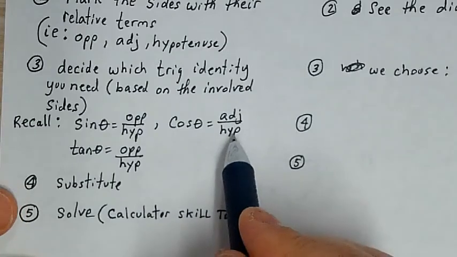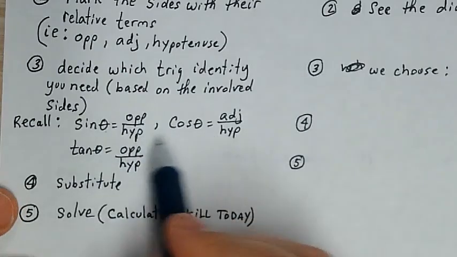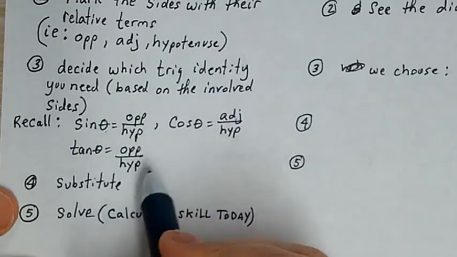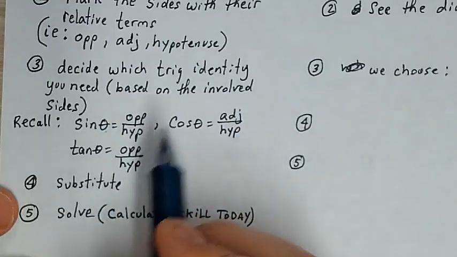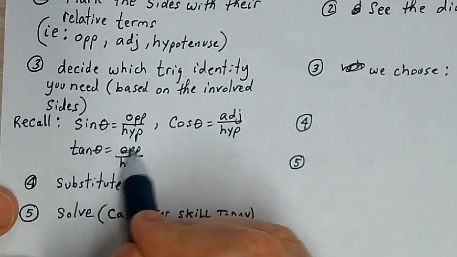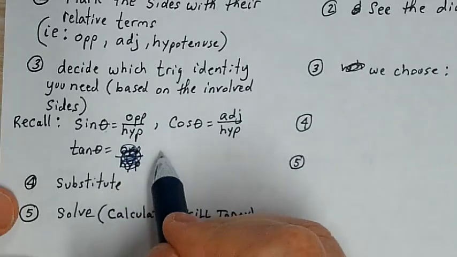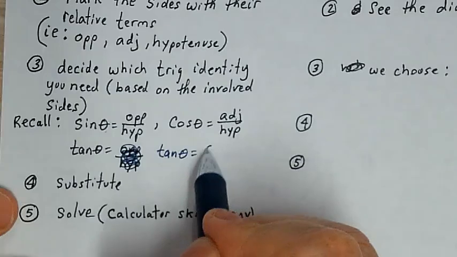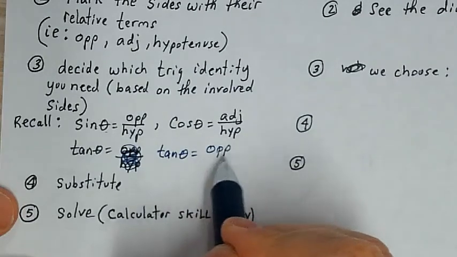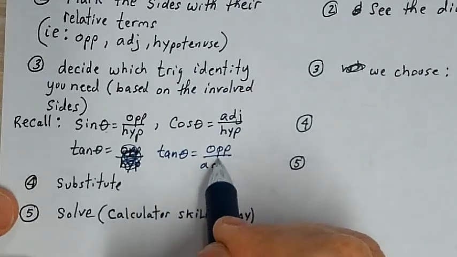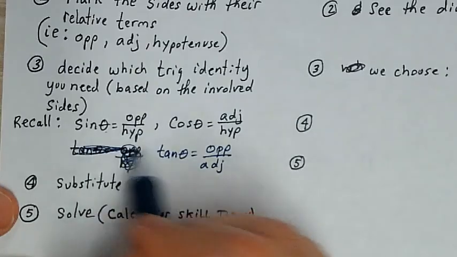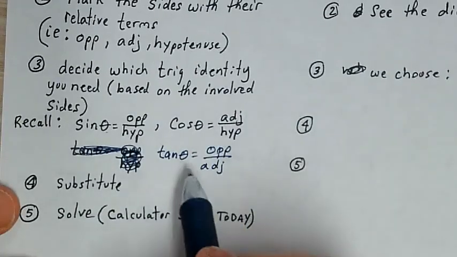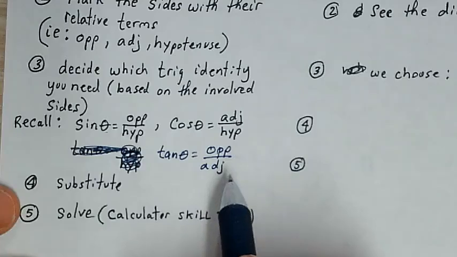Still not a good choice because these two involve the hypotenuse. Now the tangent is the opposite over the, I think there's a mistake there, cross that out. Just put tangent of theta equals the opposite over the what class? Thank you. So the tangent of theta is the opposite over the adjacent.